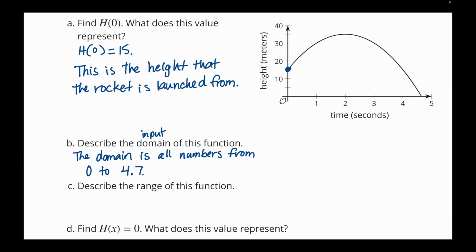And our estimate doesn't have to be exact, so we can say approximately 4.7, or we can put the little wiggly line in front of it to mean about or around that.